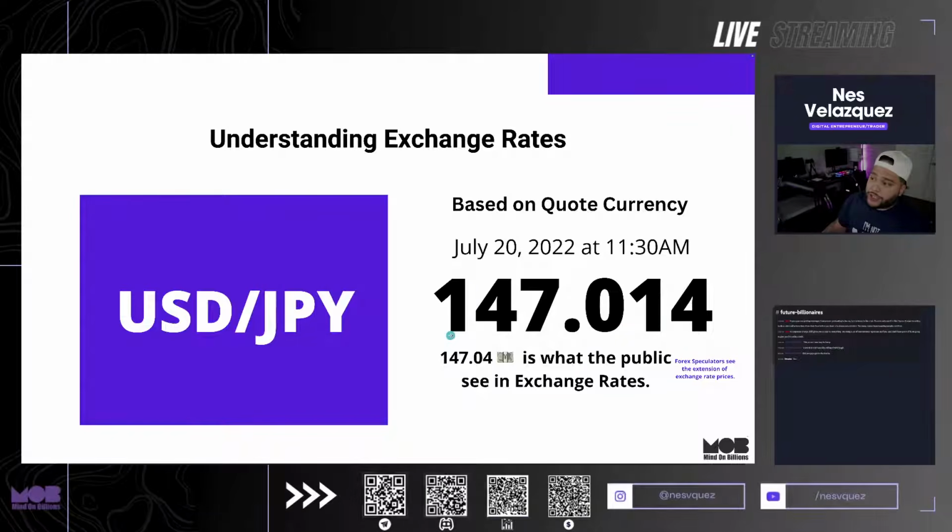So over here it's 147.014, which means for every 147.014 yen, you get $1. So you're going to see the quote currency exchange rate, and that is basically what it's going to take to equal $1. So whether it's Euro USD or USD JPY, this is what you're going to see.